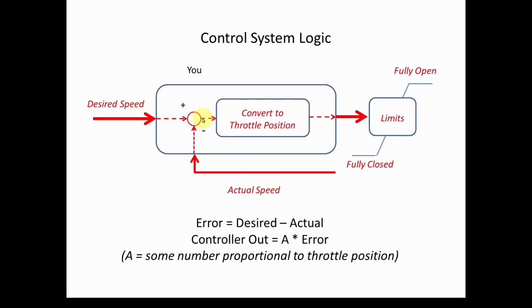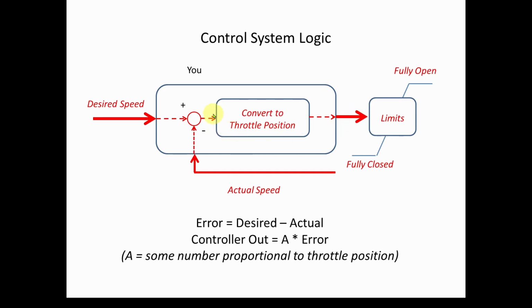So what are we doing when we're calculating this error and converting it to a throttle position? Well, we calculate the error, desired minus actual, and we're doing a controller output that is some value times the error, all right? So say the error is 60 miles an hour, and we have to convert that to a throttle position. So the throttle position could be from 0 to 1, where 0 is fully closed and 1 is fully open.